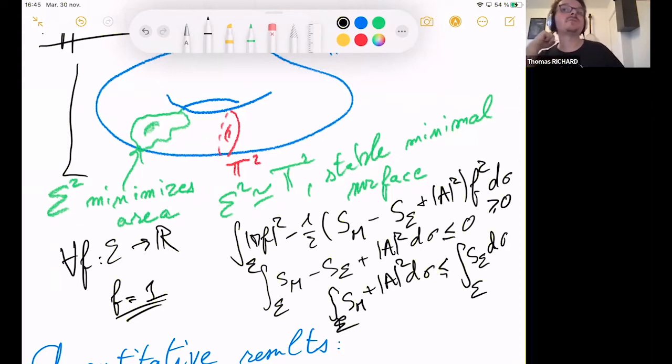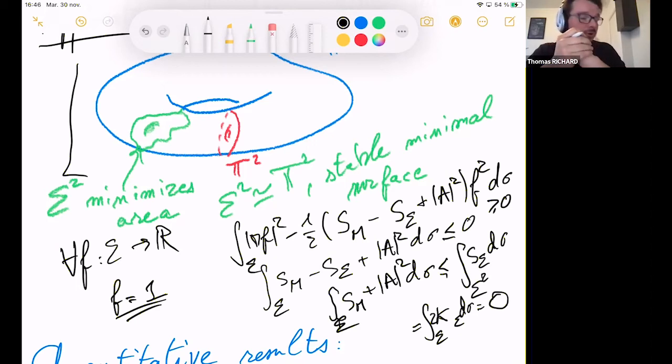And so sigma is a torus. And in dimension 2, we said that the scalar curvature is twice the Gauss curvature. And then there is a theorem called the Gauss-Bonnet formula, which tells you that the integral of the curvature of a compact surface is the Euler-Poincaré characteristic, which is 0 for the torus.